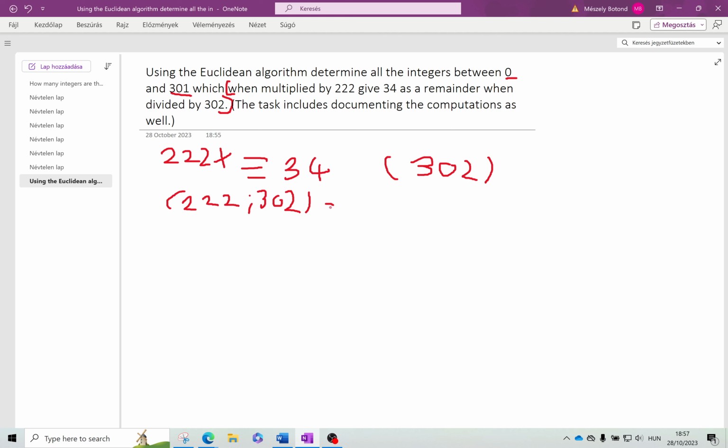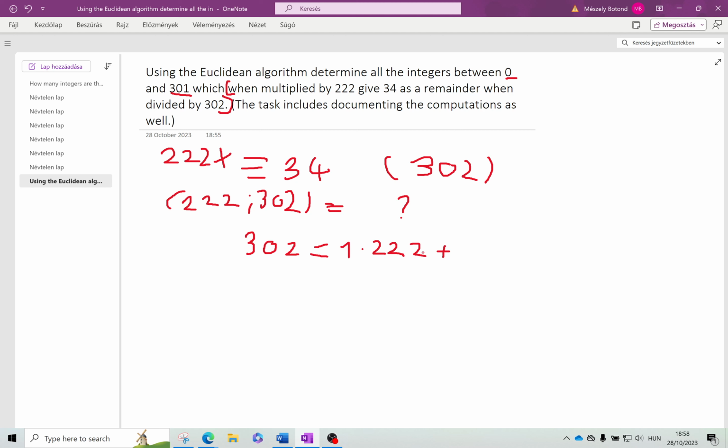So to calculate this, you need to write down the 302, so the bigger number always, then equals something times 222 plus something. First you have to check how many times you can subtract 222 from 302 without going into minus. That's 1.